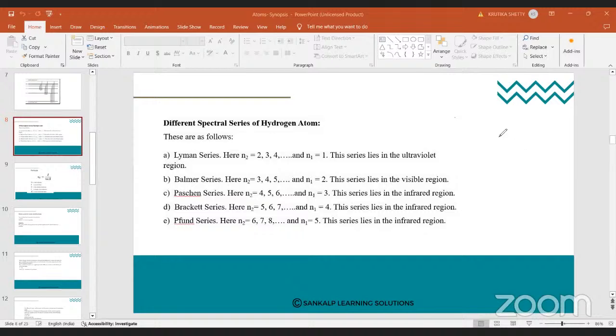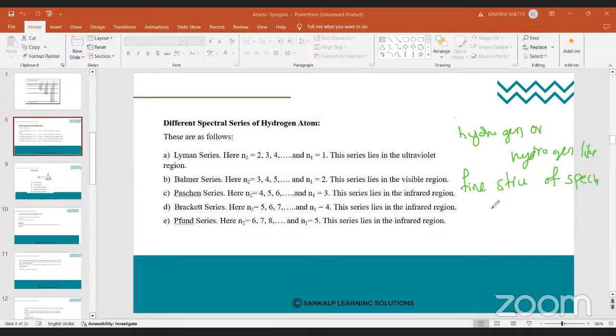What about the limitations or demerits here? It is applicable only for hydrogen and hydrogen-like atoms. It could not explain the fine structure of spectral lines, and it could not explain the relative intensity of the spectral lines.